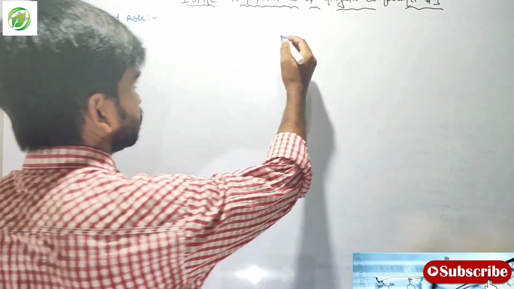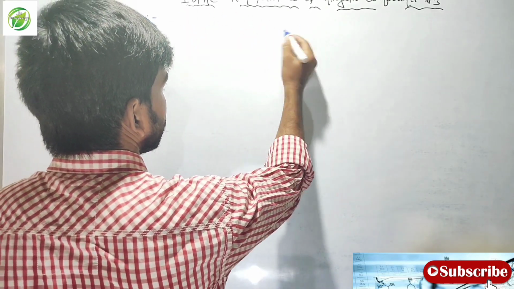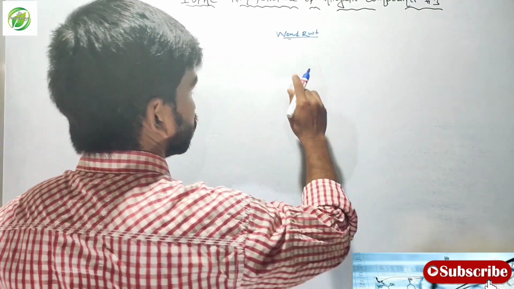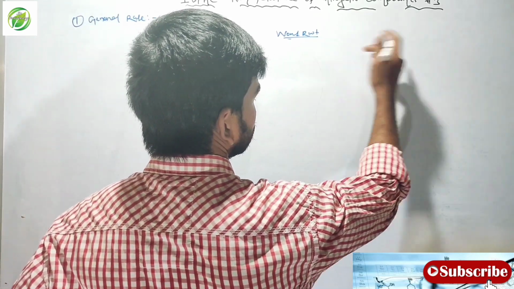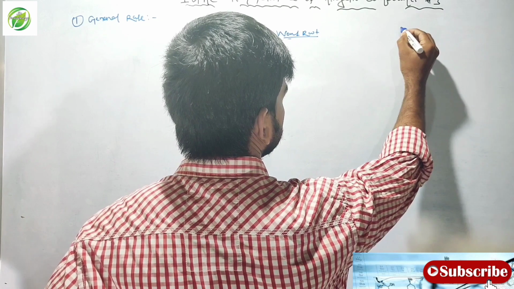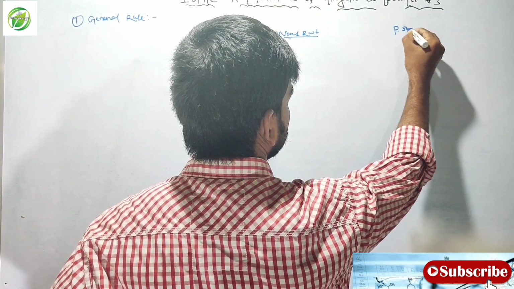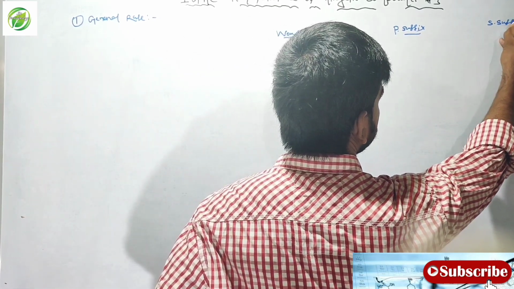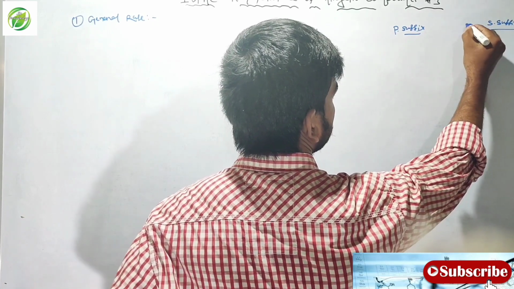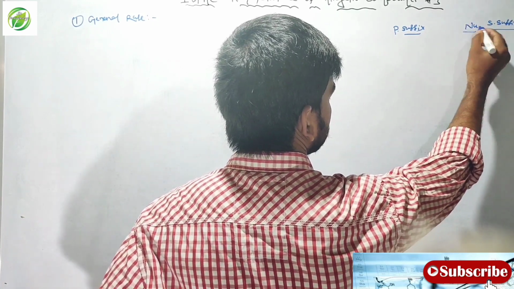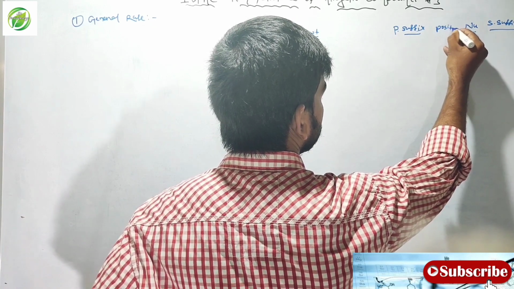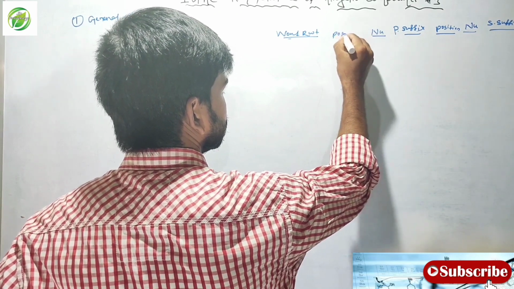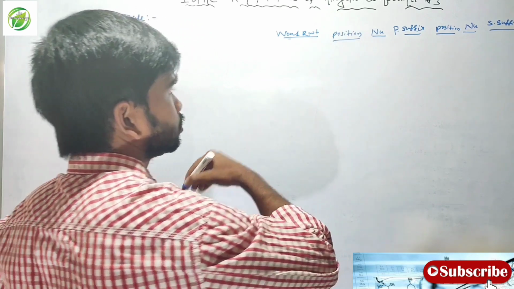Friends, in the general rule, we have a word root. After this word root, we use our suffix, that is the primary suffix, then the secondary suffix, the number of secondary suffixes present and their position, numbering, position.